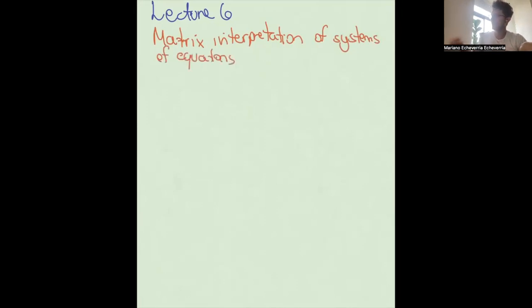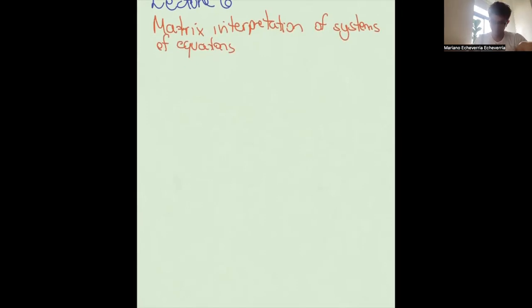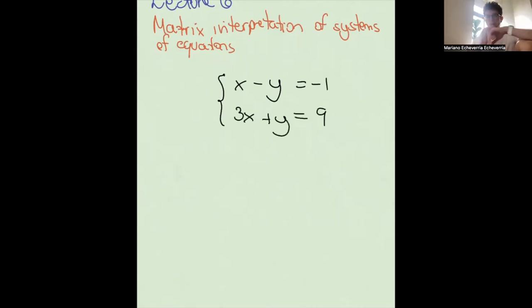So for example, let's start with something easy. Imagine that I give you this system of equations. The first thing that we can do is think of those two equations as a single thing.